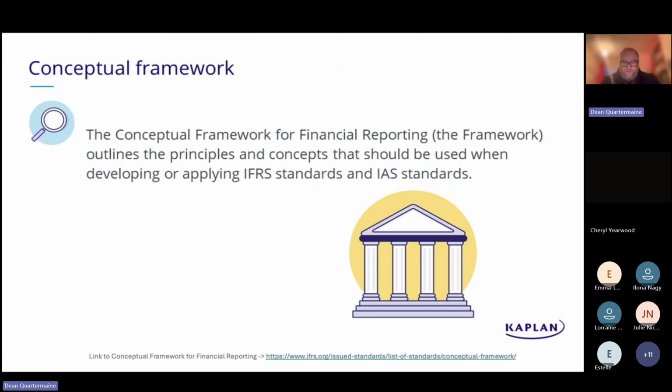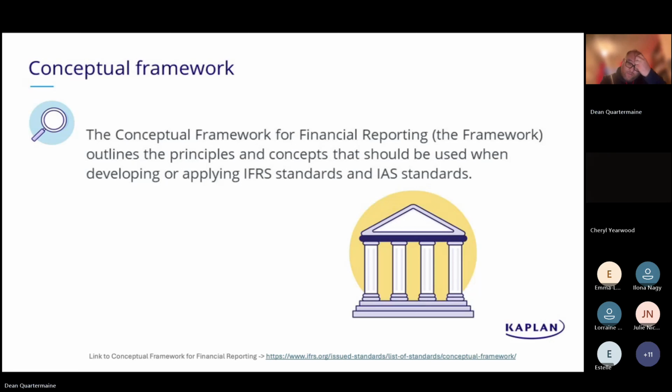So the conceptual framework then. So this is published by the IFRS. So the conceptual framework for financial reporting, more commonly just known as the framework, outlines the principles and concepts that should be used when developing or applying IFRS standards and IAS standards. Now, someone's going to say, what's the difference?